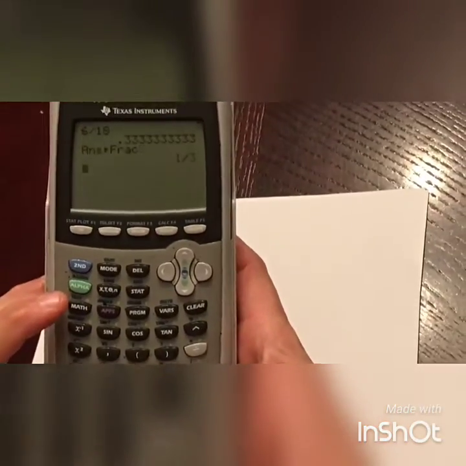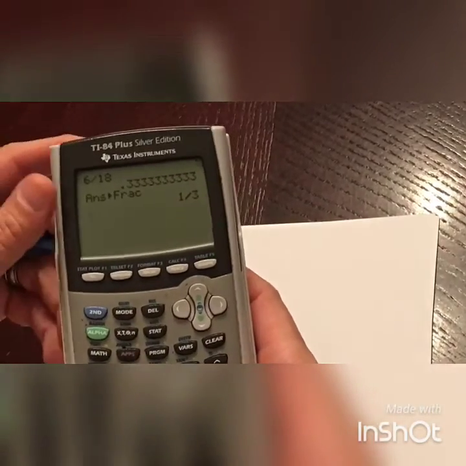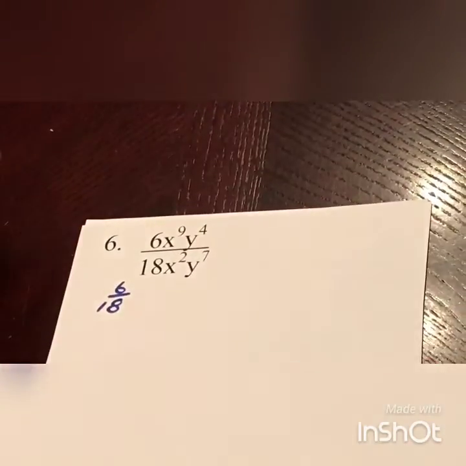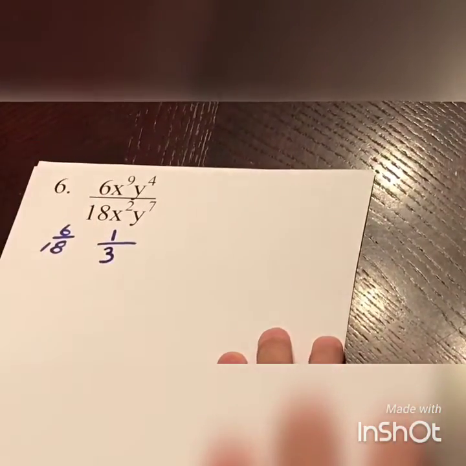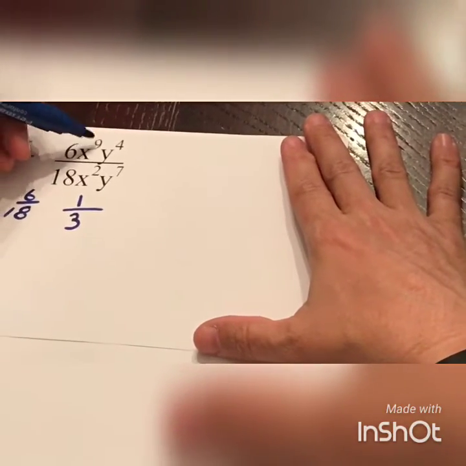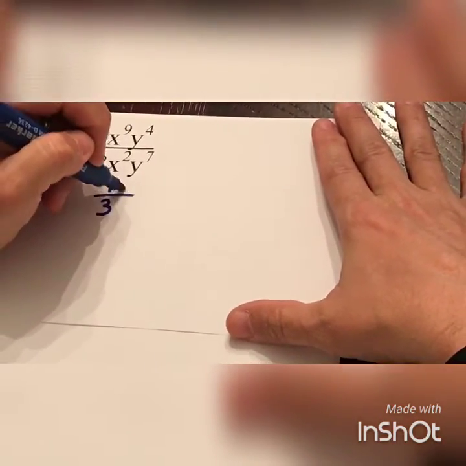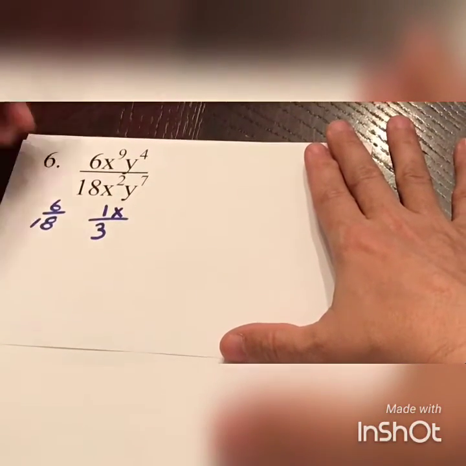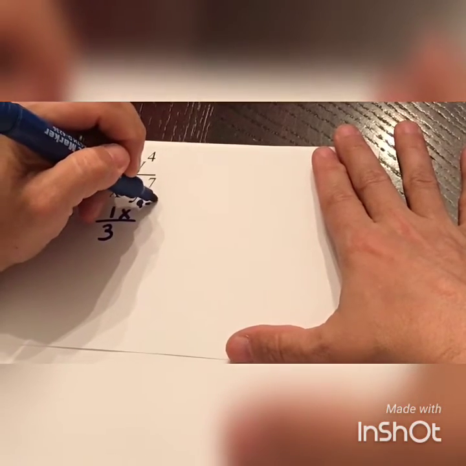Math, enter, reduces to 1 over 3, not 3. So 1 over 3. Now let's look at one variable at a time, x to the 9th and x to the 2nd. 9 is larger than 2, so that x stays on top, and then we subtract 9 minus 2.